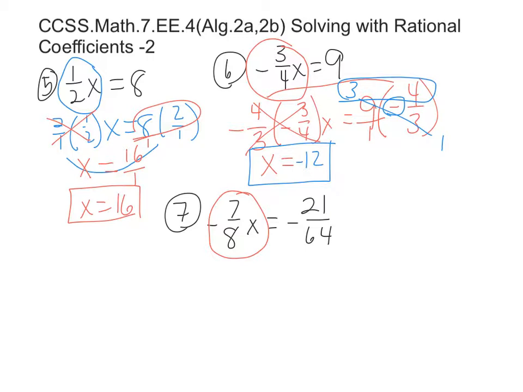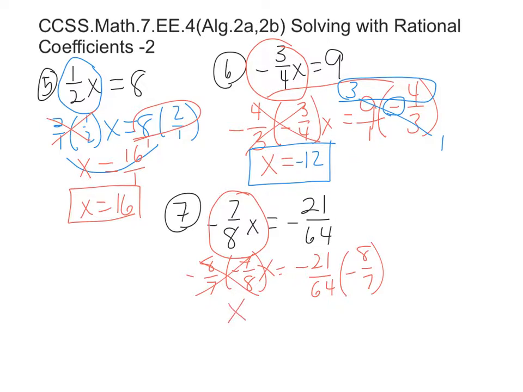So we're going to multiply by the reciprocal, which is negative 8/7 times negative 7/8, and that's a 7, equals negative 21 over 64 times negative 8/7, because you've got to multiply both sides by the same thing. So we can get the coefficient of x over here, we forgot the x again, oh my goodness.